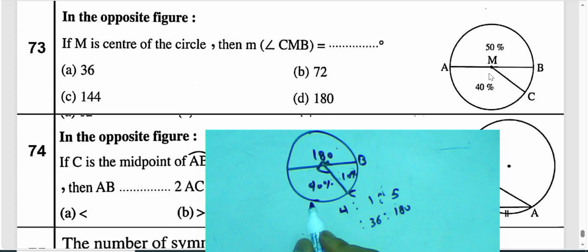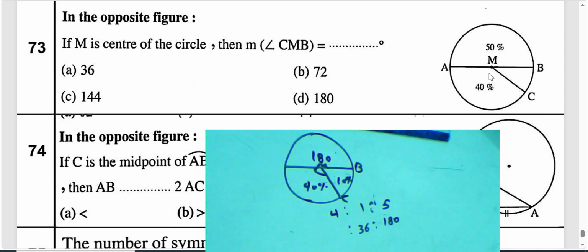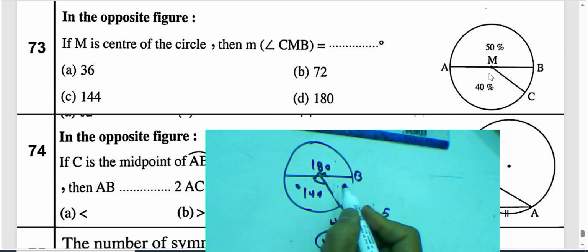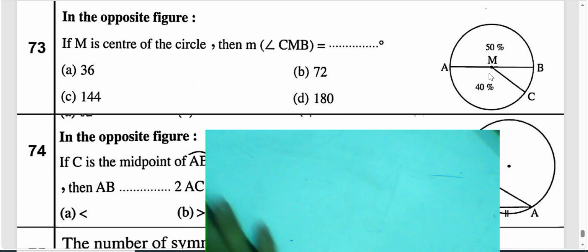The ratio is 4 to 1, and the sum together is 5. 180 divided by 5 is 36. And 4 times 6 is 24, write 4 and carry 2. 3 times 4 is 12 plus 2, 14, so 144. The measure here is 144 degrees and here 36 degrees. He asked about CMB. It will be 36 degrees. Choose letter A.